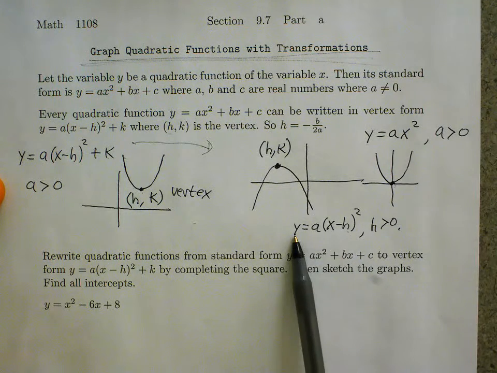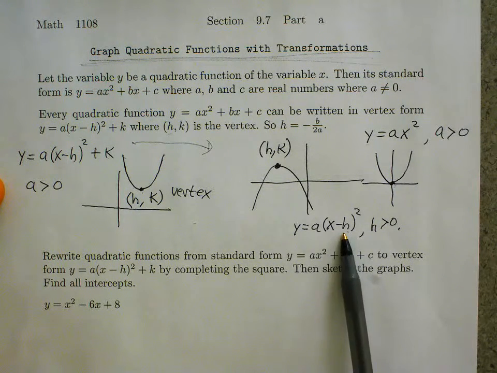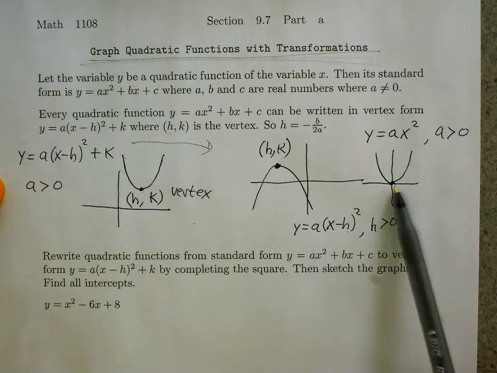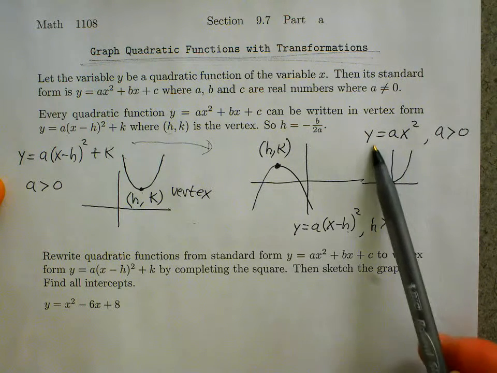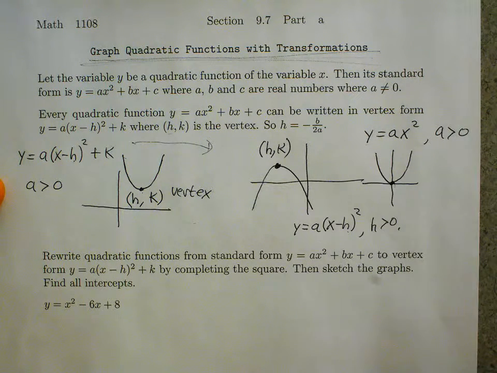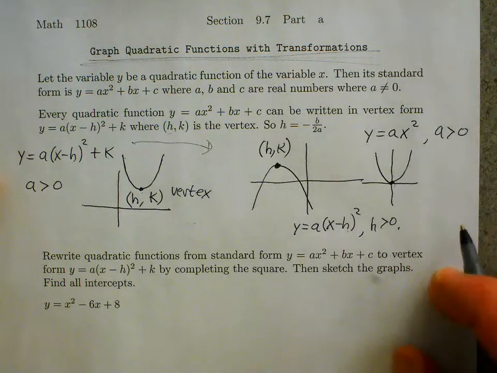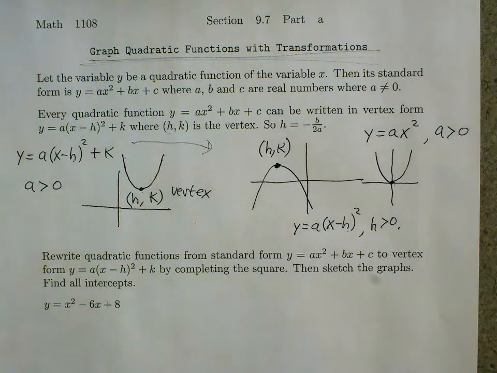Then the graph of y equals a times x minus h quantity squared can be found from the graph of y equals ax squared if we move this parabola h units to the right. So I think what I'll do is get a bigger piece of paper just to illustrate what I'm trying to say here.